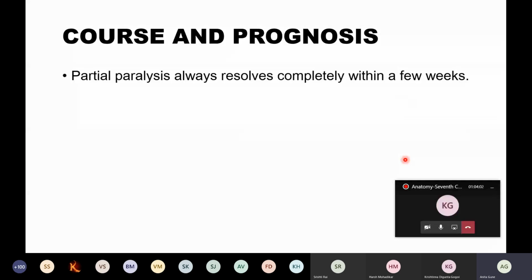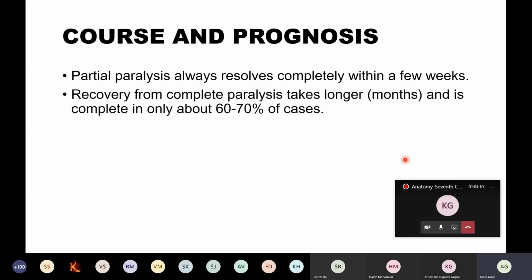What is the prognosis of Bell's palsy? Partial paralysis always resolves completely within a few weeks. Within a few weeks, the person will become normal with medication like steroids and antiviral medications. If it is because of a cold, middle ear cavity infection or caries infection, then accordingly the treatment will be given.